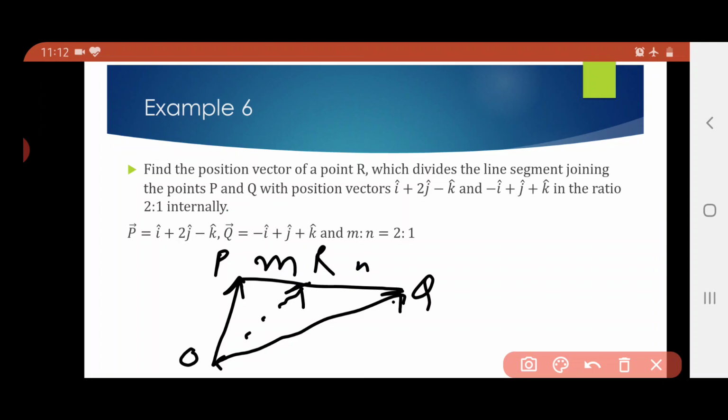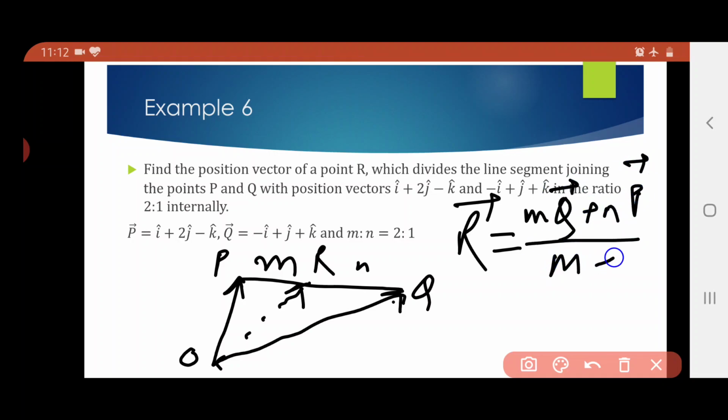So similarly for vectors as well, here the R vector, that is the position vector of R, will be basically m into q vector plus n into p vector divided by m plus n. Right? This is what the section formula for vectors looks like. The same pattern. If it would have been external, then instead of plus this would have become minus.